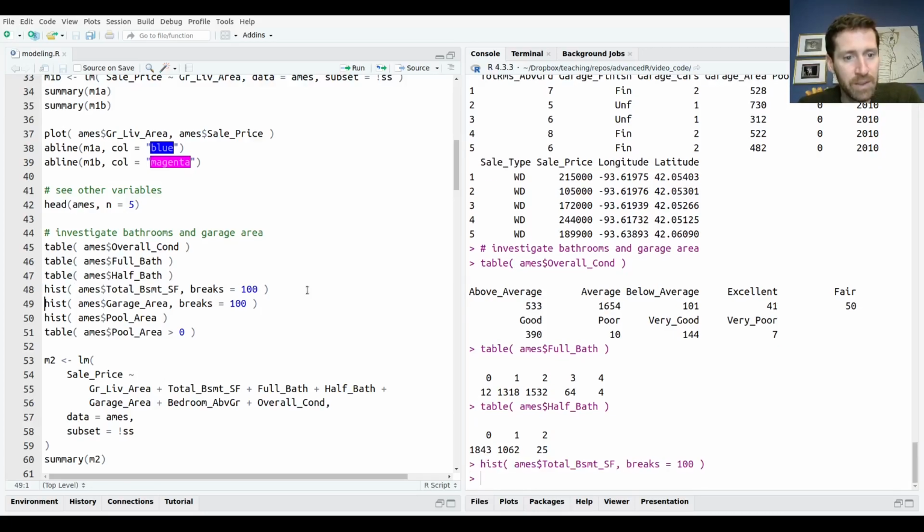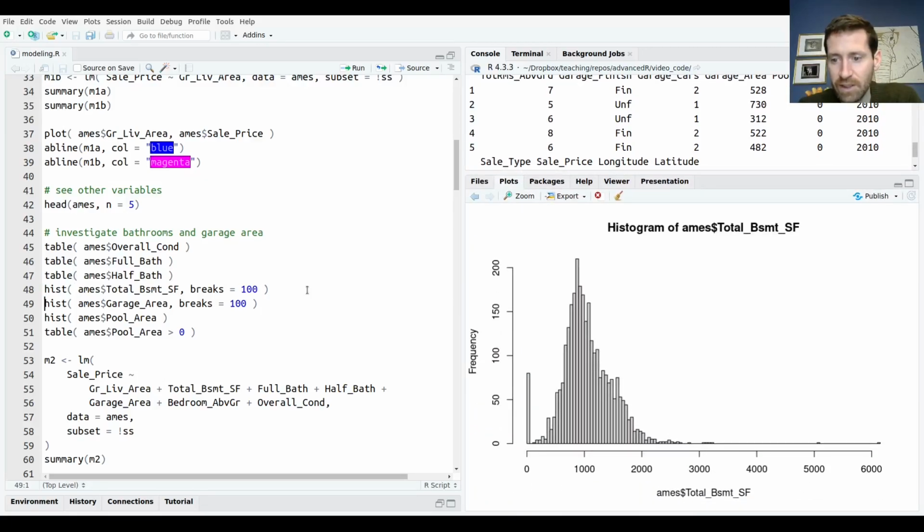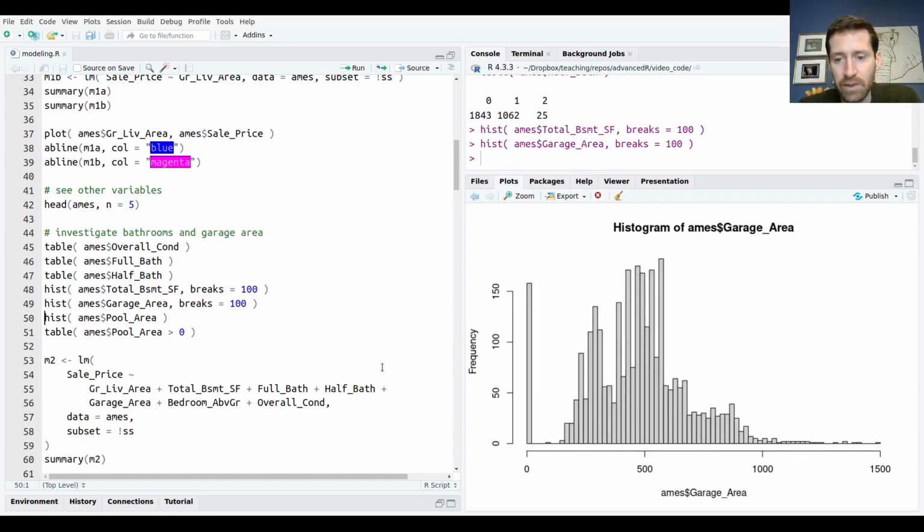Total basement square feet. Okay, these are outliers. There are some zeros here, and that's because some houses don't have a basement at all. Garage area, similar issue. If there's a garage, it's of some minimum size, but if there's no garage, it's just listed as 0.